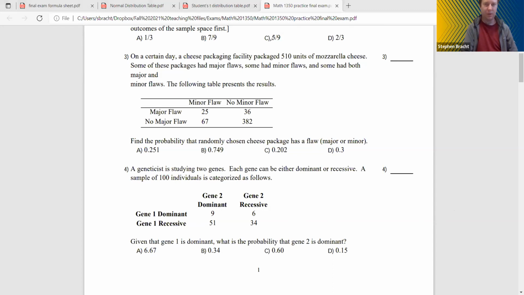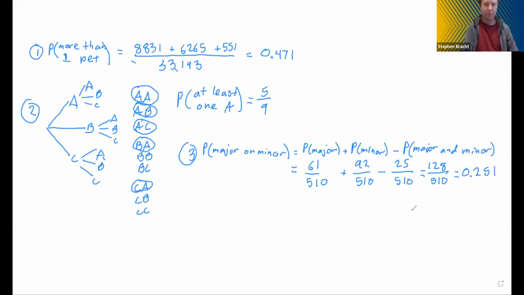Okay. Clear this. So here's how I have this set up. This is number 4. I've defined event A as the event that gene 1 is dominant.